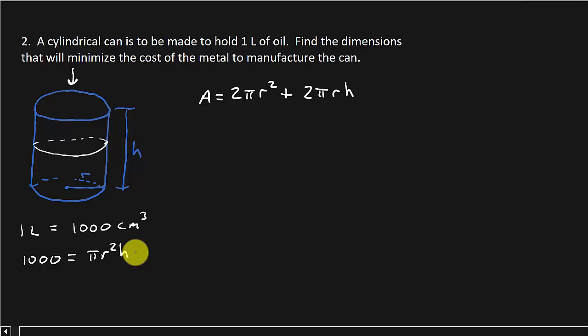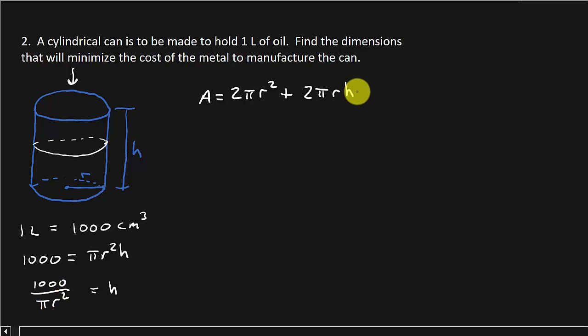Right? So this is going to help us get our function that we want to maximize or minimize in terms of one variable, because you can see up here we've got it in terms of R and H for our variables. So let's get everything in terms of R. I need to know what H is in terms of R. Well, here I can see H is 1,000 over pi r squared.